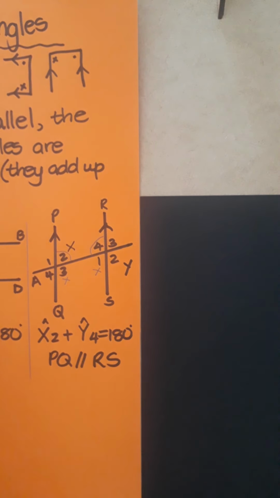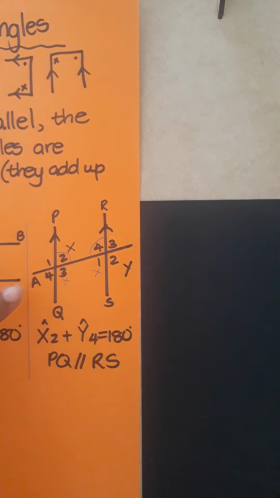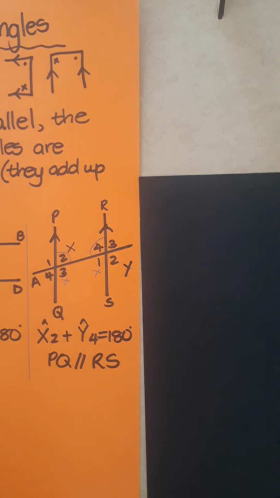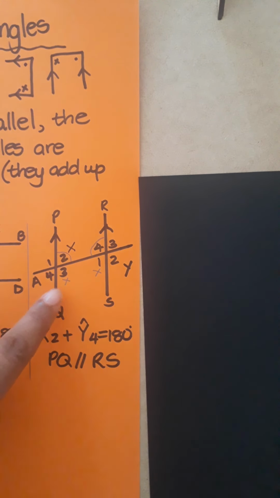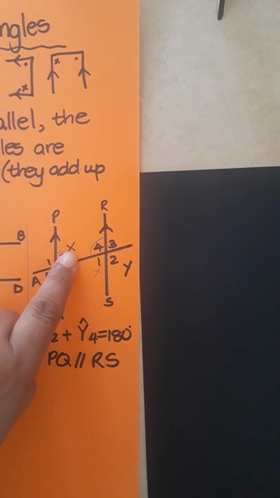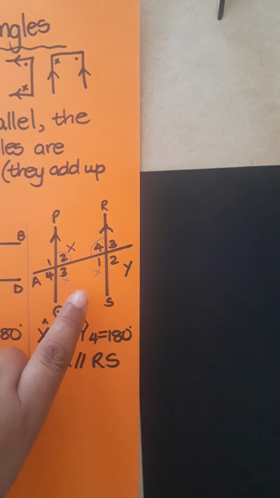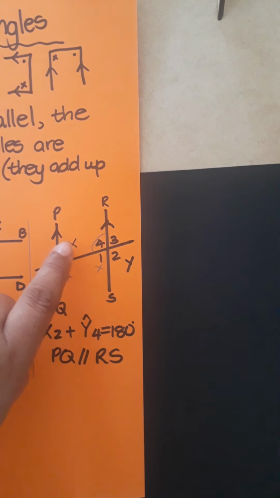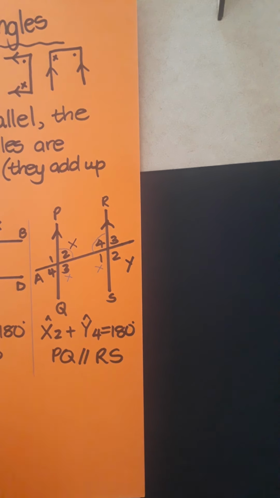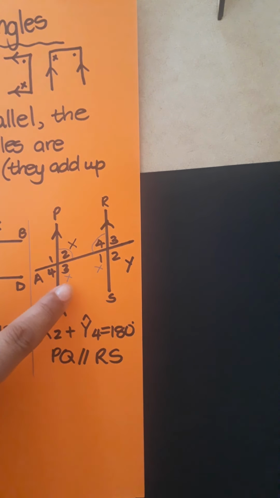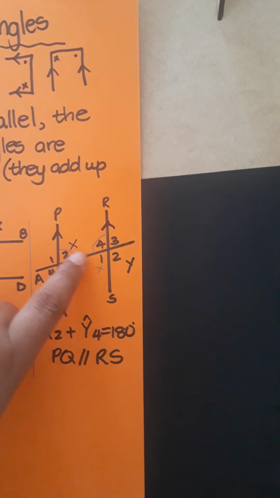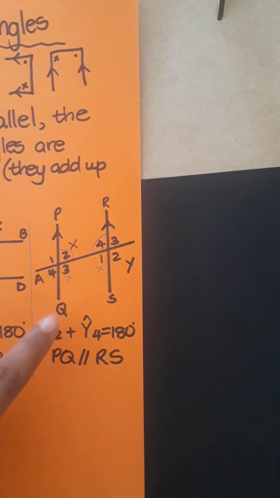The last example: if you look here, I tried to show you in the diagram that these two lines are parallel. That means that angle x2 and y4 add up to 180 degrees, and x3 and y1 lie between the lines, they form that U shape there.